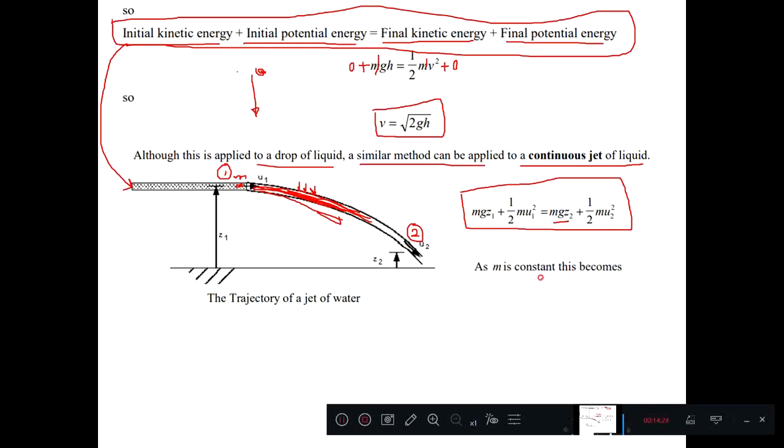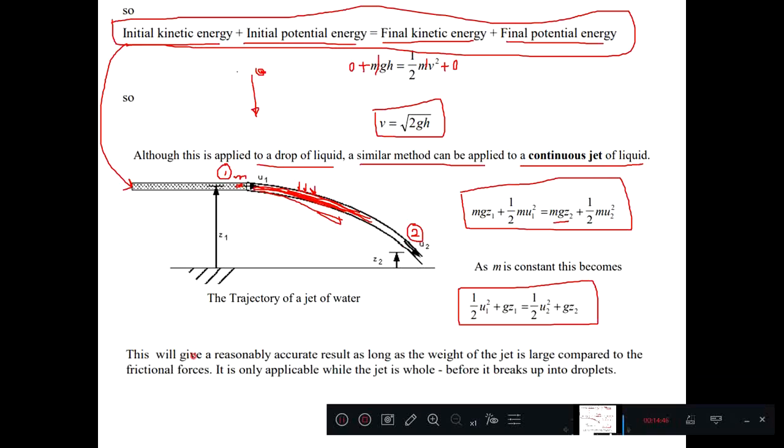Because the mass of the particle is constant, we get half u1 square plus gz1 is equal to half u2 square plus gz2, because the m is constant.